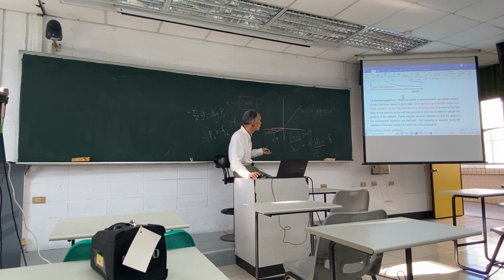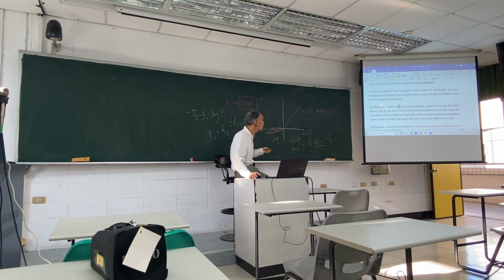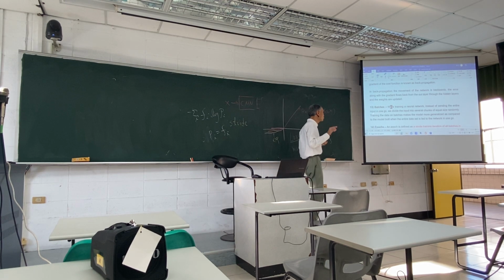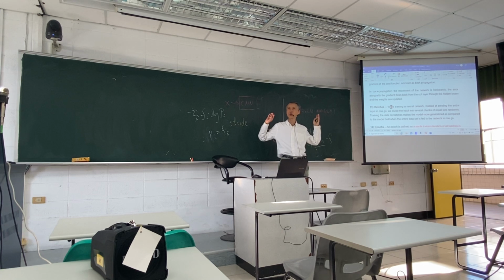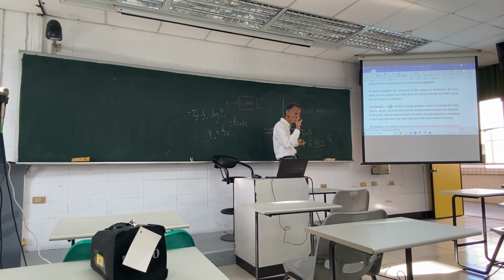I have explained what I mean by forward propagation and backward propagation, and then here's a page. Usually when we solve for the ultimate solution, we don't input the whole data set. Instead we divide it into small batches.